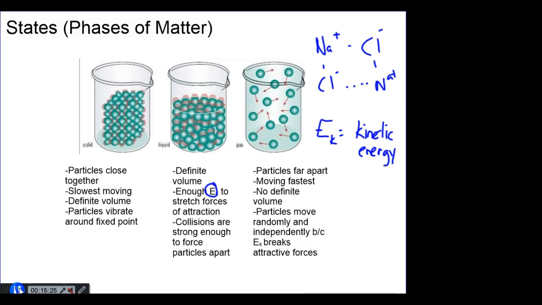So heat is a form of kinetic energy. Kinetic energy is a pretty broad category. So liquids have enough kinetic energy to stretch forces of attraction. Okay, what's forces of attraction?